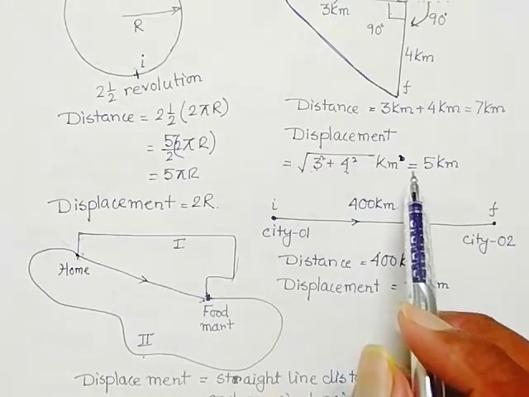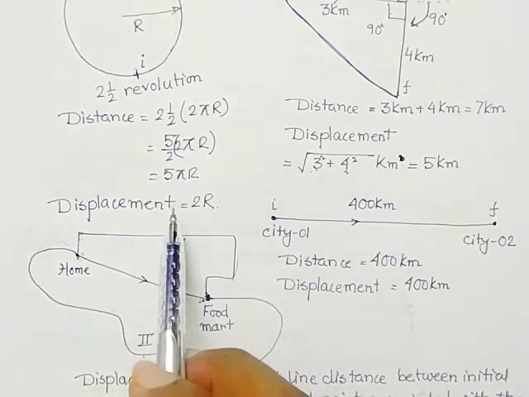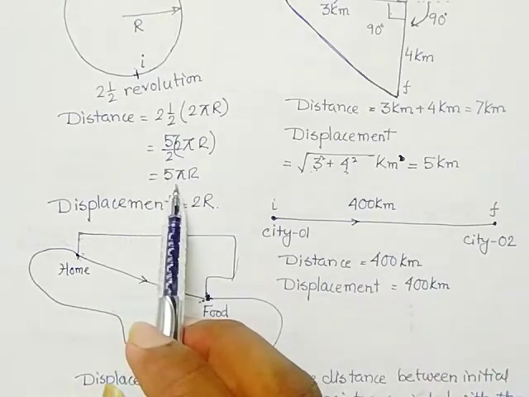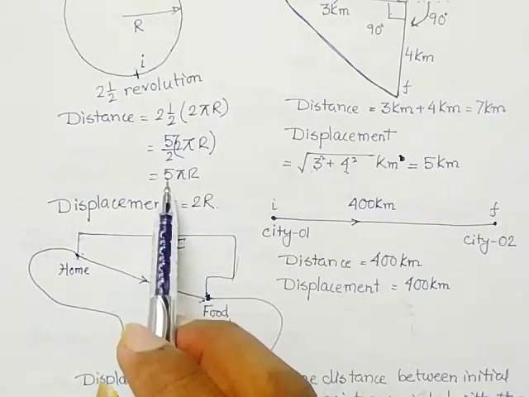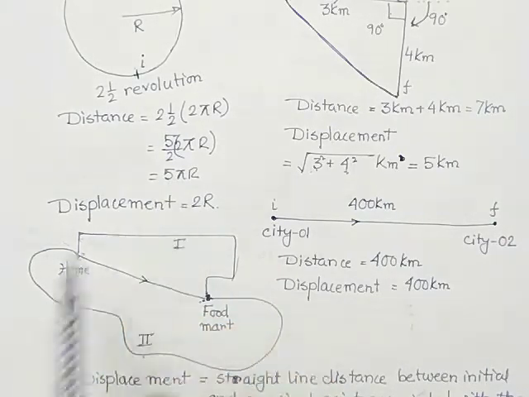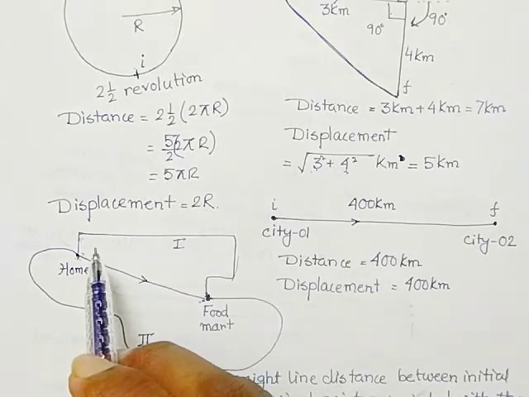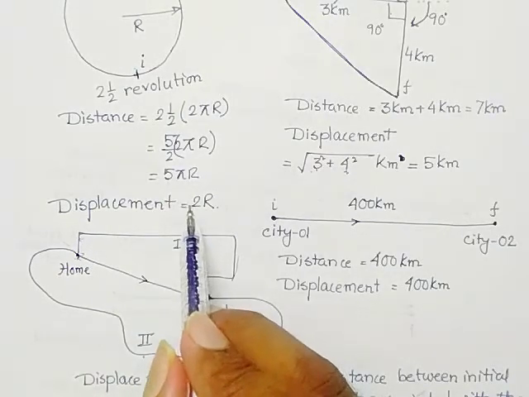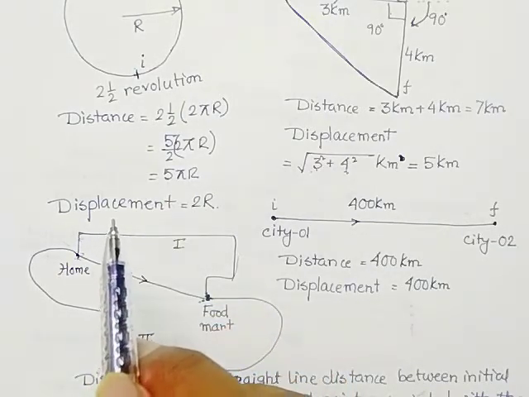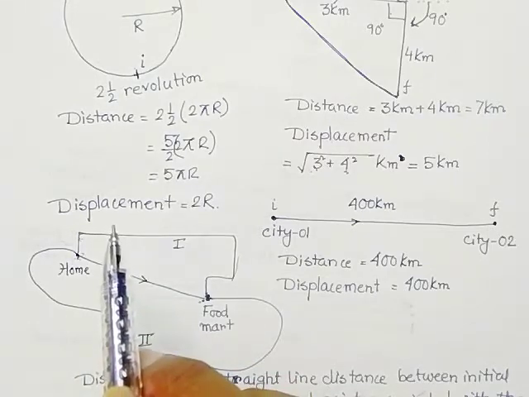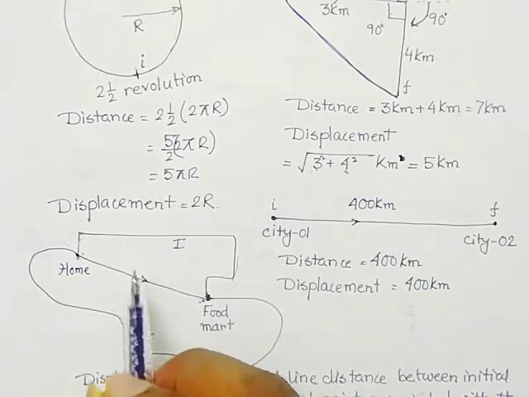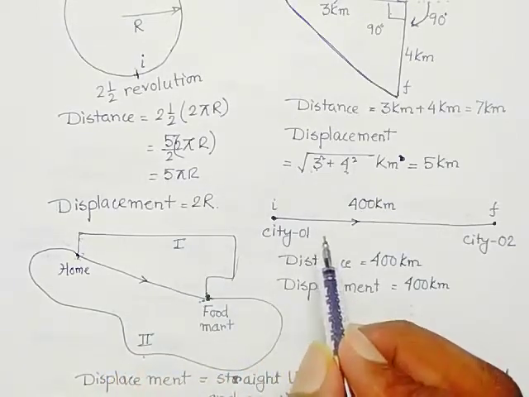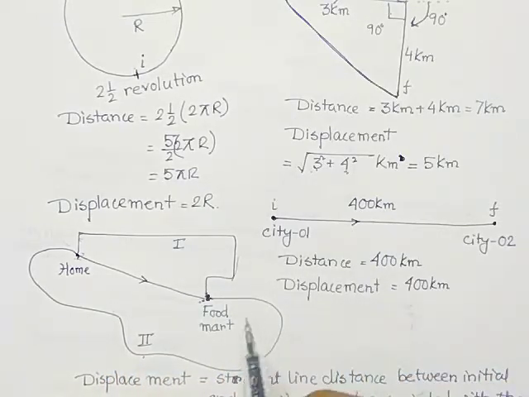Displacement is less than the distance. Here the distance is 5 pi r, displacement is 2 r. Here also distance is greater than the displacement. And if the path is a straight line, the distance is equal to the displacement.